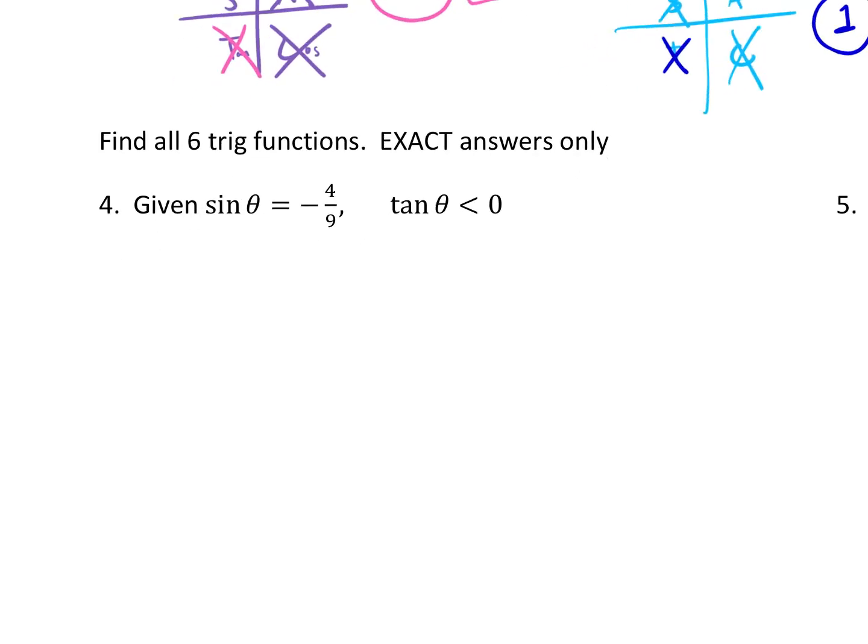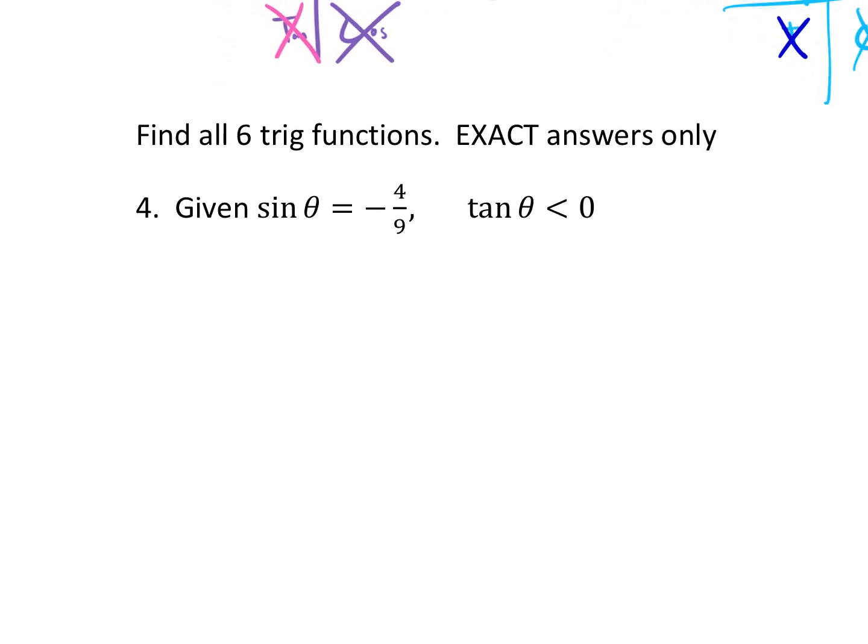For 4, we have to find all 6 trig functions, exact answers only. It gave us that sine of theta is negative 4 over 9, and tangent is less than 0. So tangent is negative. For these, we need to know our SOHCAHTOA.